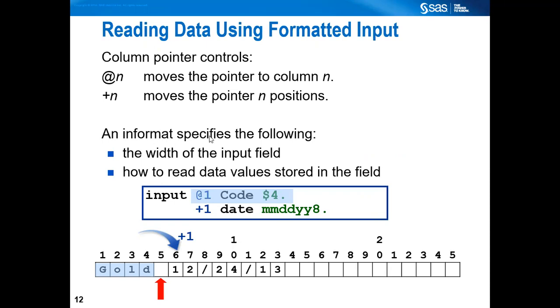Got it? So what is an informat? It's an instruction to SAS to read the values with a given width in the input field and how to read the data values stored in your field. So I'm reading it as MMDDYY, and as character with a width of 4.